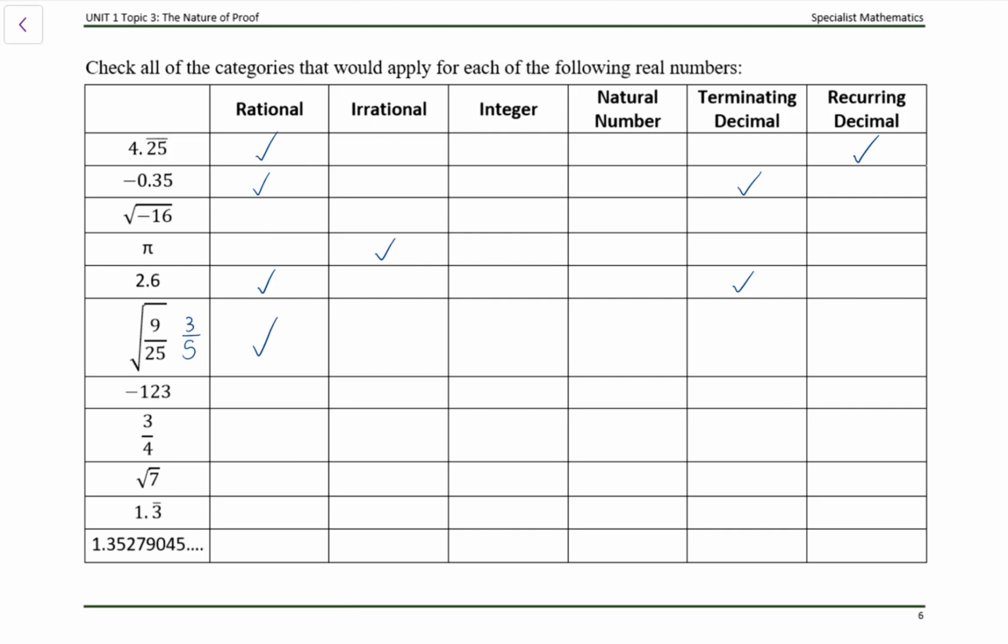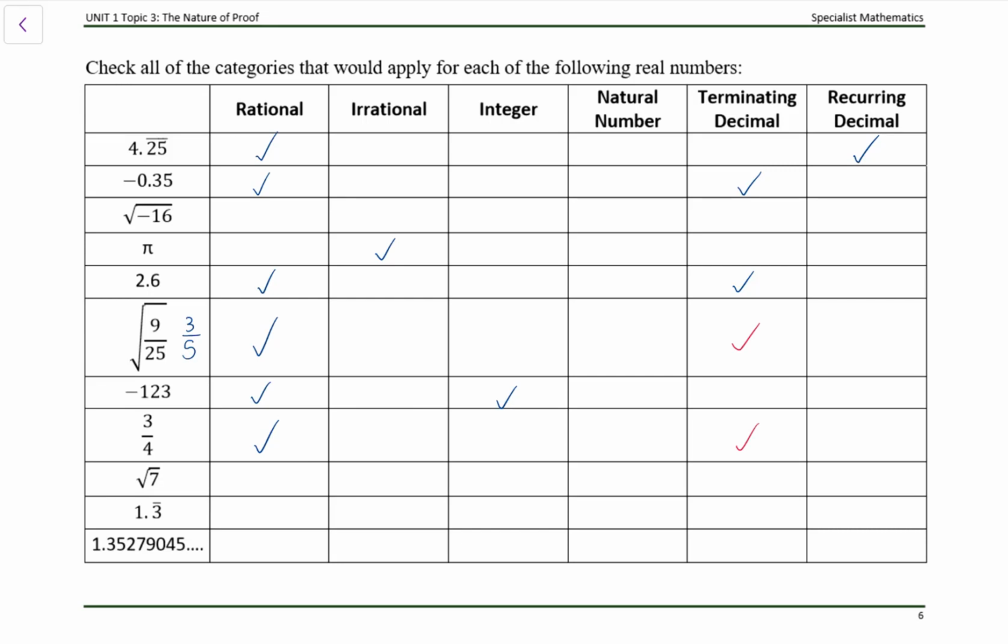If it was to be a decimal, it would be a terminating decimal. Negative 123 is rational, and it is an integer.